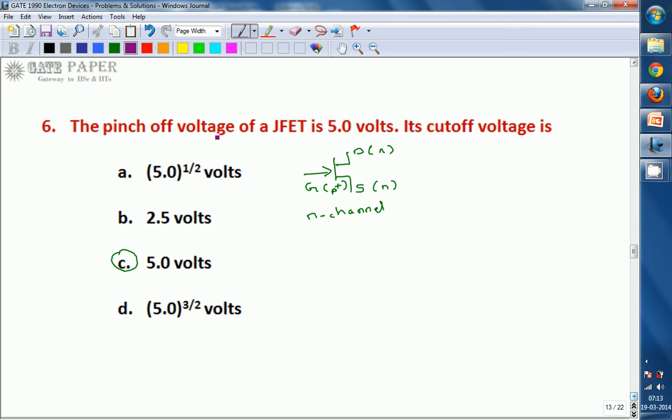The characteristics of an ideal voltage amplifier are Ri equal to infinite, R0 equal to 0, voltage gain AV infinite, and bandwidth also infinite.